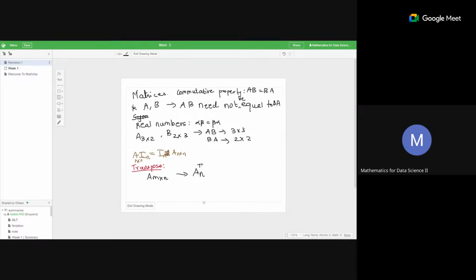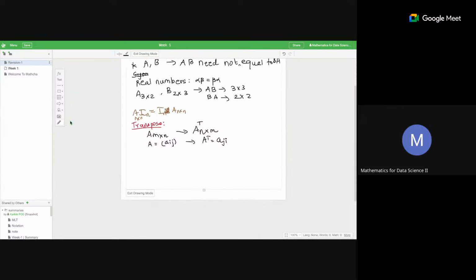The notation is A transpose, and the order of this matrix is N by M. And how are the entries going to look? If you have the entries Aij here, everything is simply going to be swapped. For A transpose, you are going to have Aji.